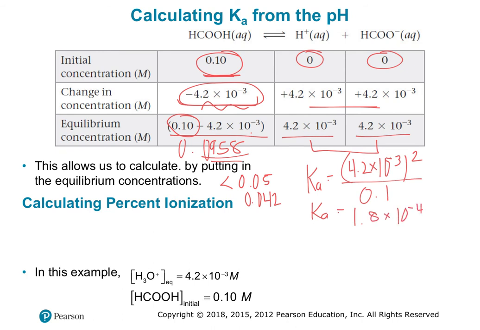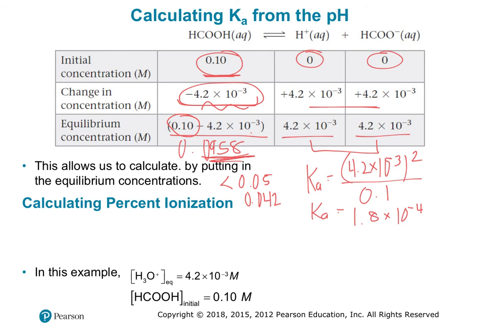Now, to prove that is still an okay thing to do, I'm going to plug it into the calculator, and we can see that if I were to plug in this number instead, then I would still get 1.8 times 10 to the negative 4, so that approximation works.